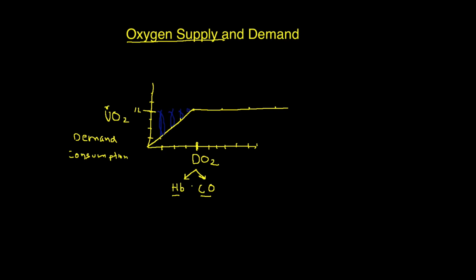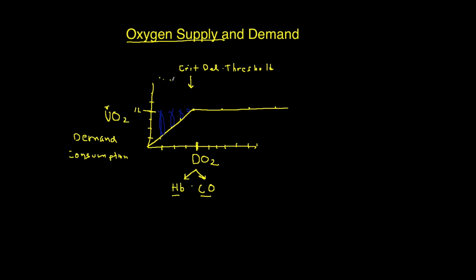So often this curve is labeled with a couple terms. One is the critical oxygen delivery threshold. And this is the point at which the amount of oxygen consumption is limited by that which is delivered.